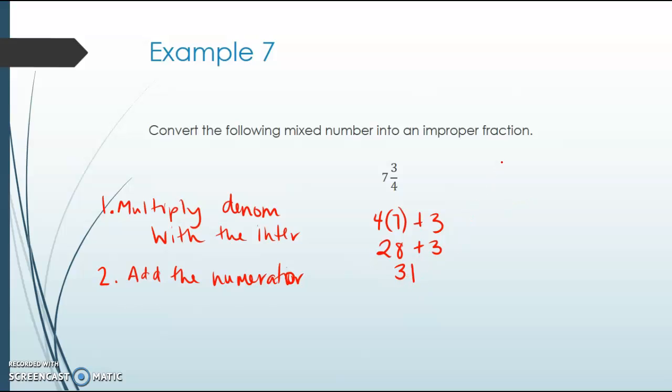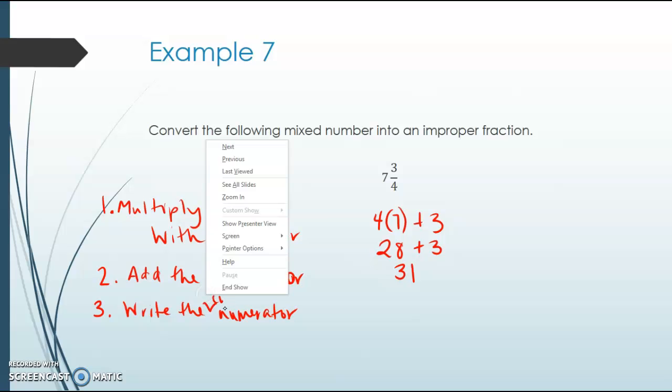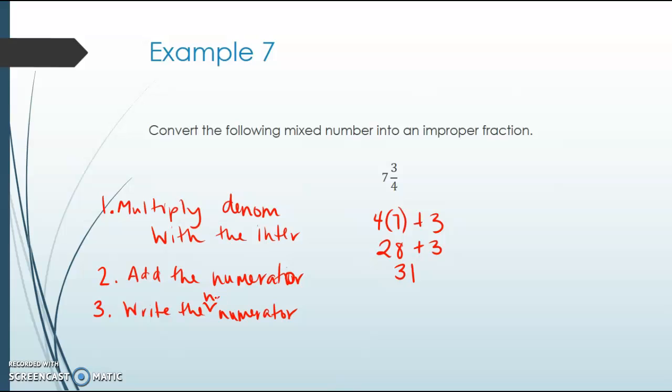And so my last step is to write the new numerator over the original denominator.